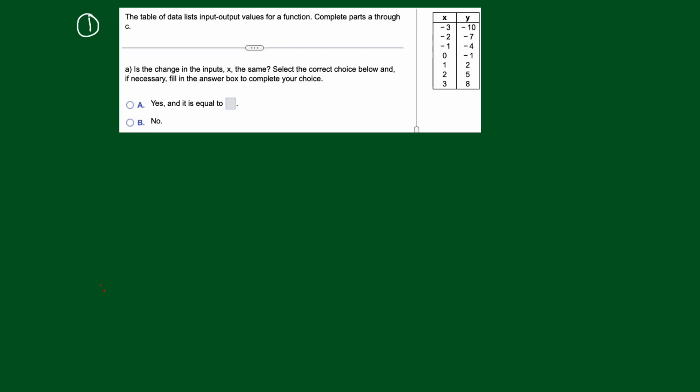All right, so look for the change in the inputs. Now, what are we doing in the inputs? We're going from -3 to -2 to -1 to 0 to 1 to 2 to 3. So what we want to know, are these changing the same way?